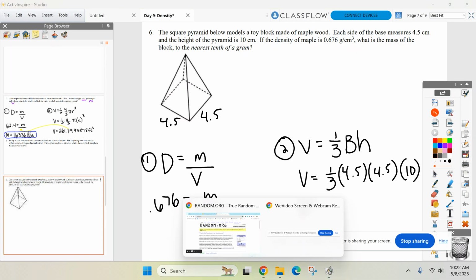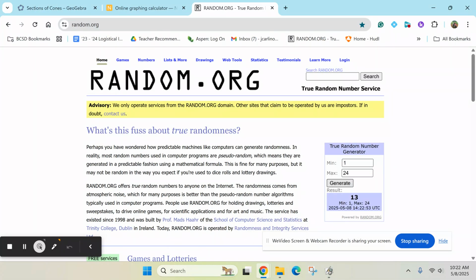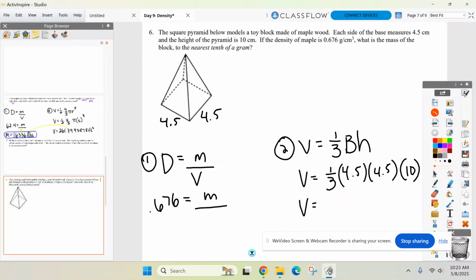When you have the volume of the pyramid, let me know. Volume, how much space is in that pyramid right there, Bennett? When you're ready. 67.5. Yep. Substitute it in.